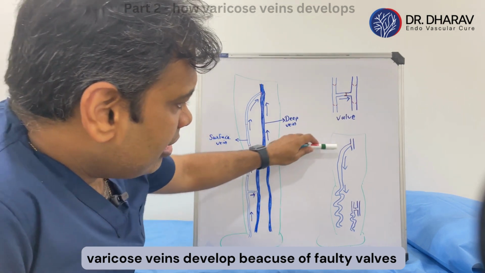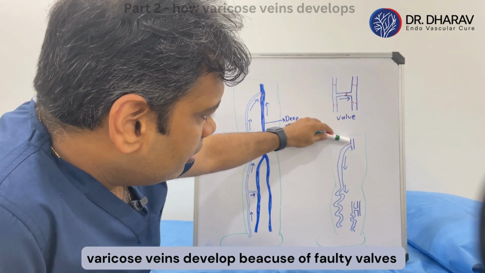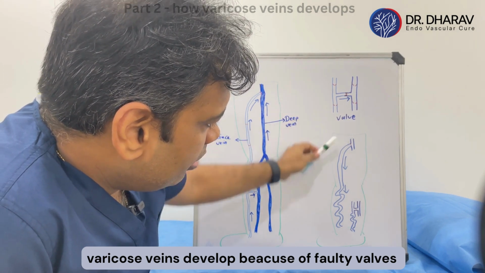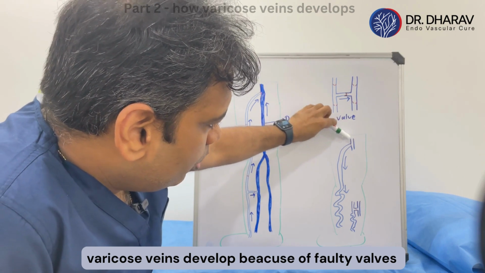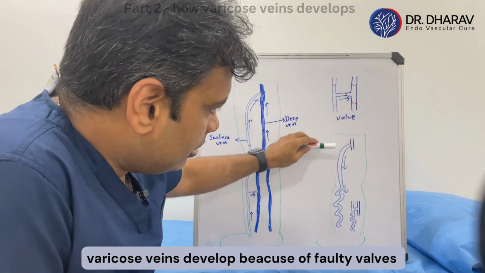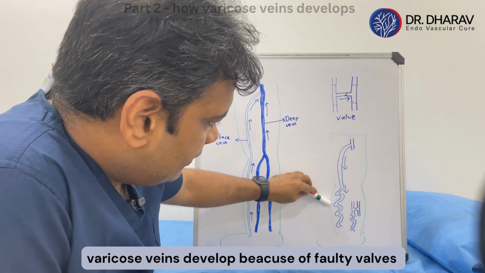Now see in this diagram, this is the main valve at the groin area. If this becomes faulty, you can understand instead of blood going up, it can go down, and this vein can become dilated, it can become tortuous, as you can see here.